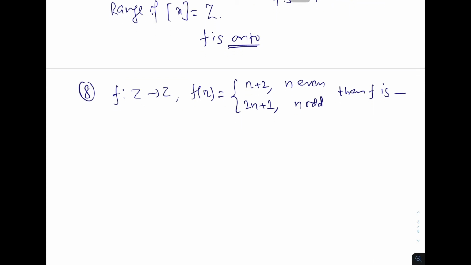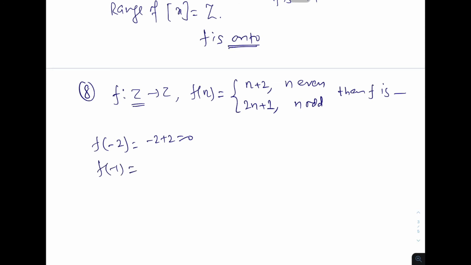So here when you have Z to Z, we should try some values of the function, like f of say minus 2. That is even, so minus 2 plus 2, and the value is 0.